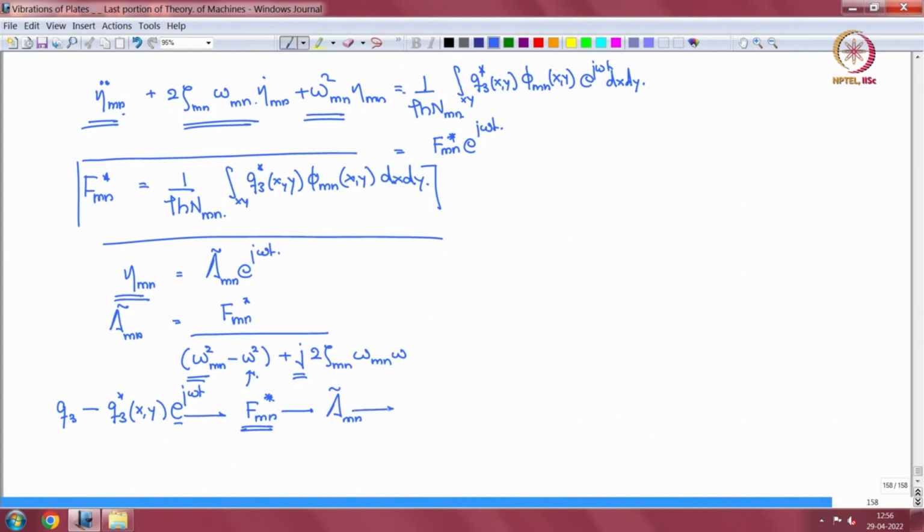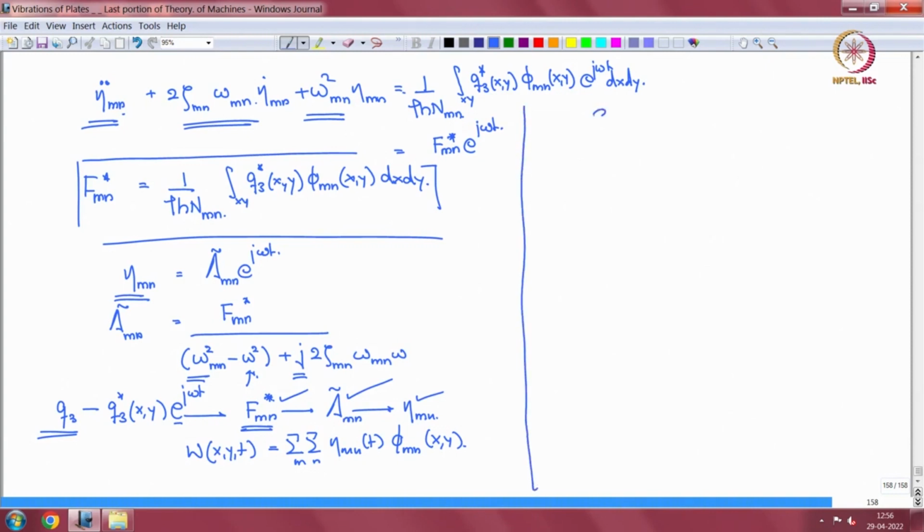If I know gamma mn tilde, I know eta mn. Once I know eta mn, the W x comma y comma t is the double sum mn eta mn of t phi mn of x comma y. So Q3, Fmn star, gamma tilde mn, eta mn, that's the direction for steady state harmonic response.